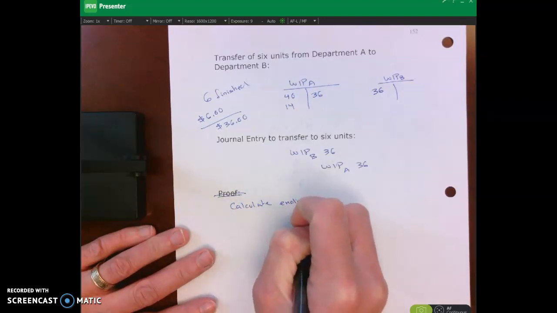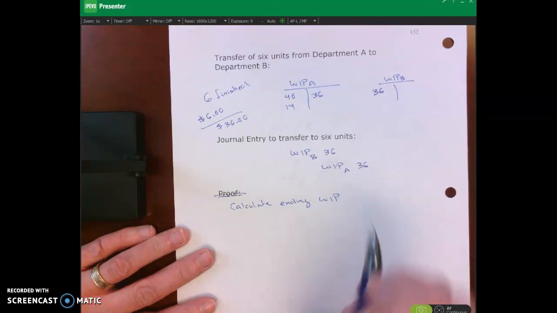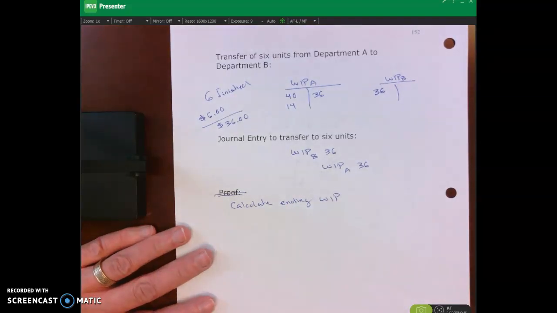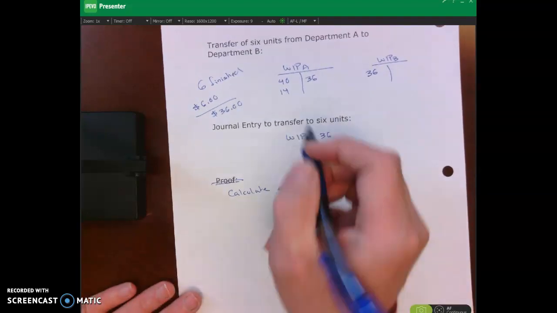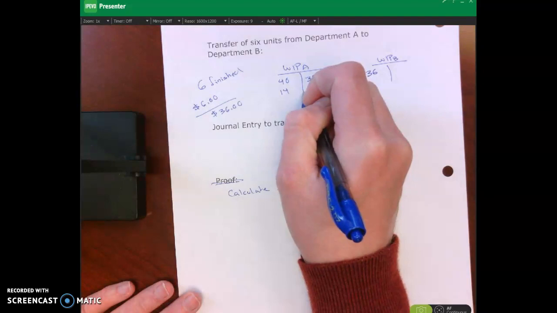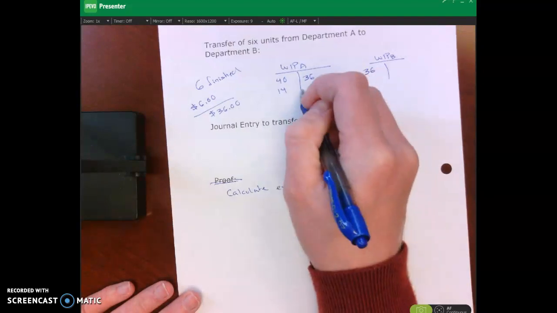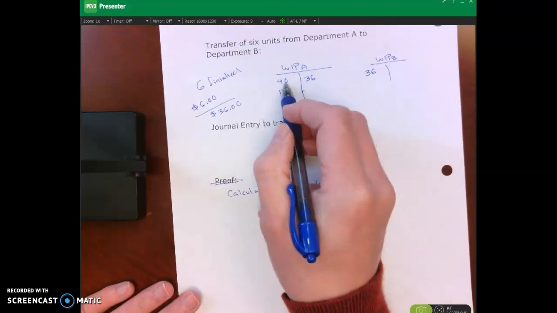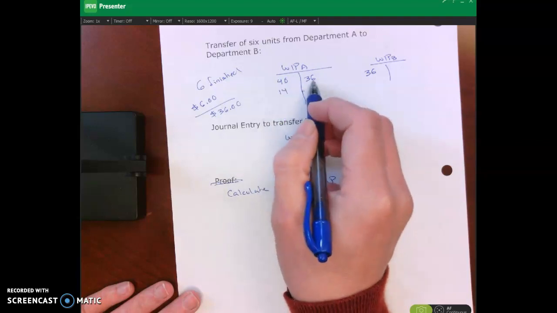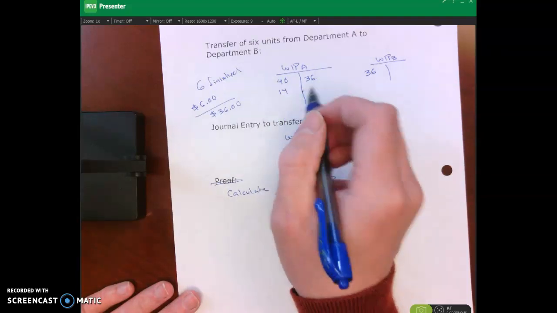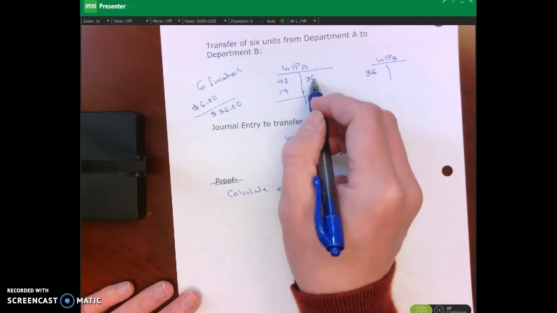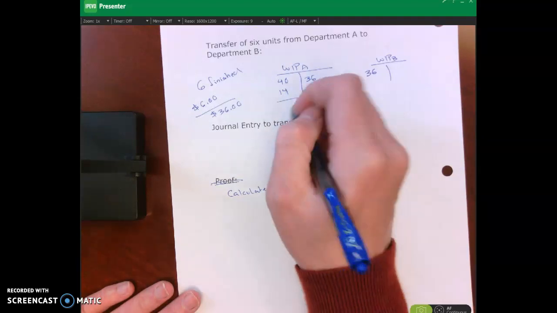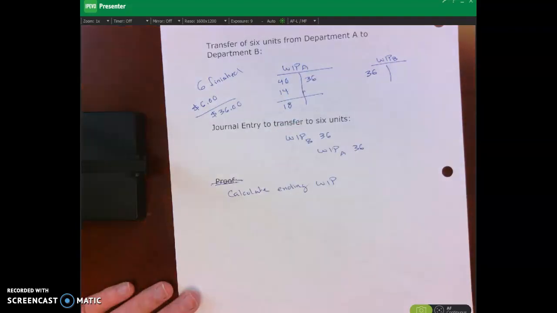Now, cross this out and say, calculate ending WIP, which is kind of the idea of the proof, and I think it makes more sense to say, let's just go through and calculate out ending WIP. Okay, so if we look over here, what we have left over, right, we had $40 and then $14, and then we reduced it by 36, which means if we take 40 plus the 14 minus the 36, that means we have $18 left over in WIP A. Okay?